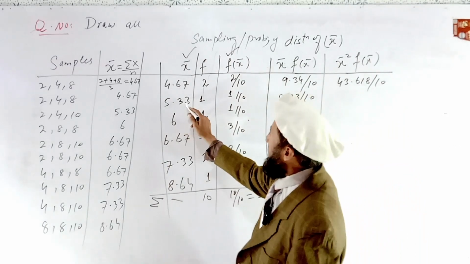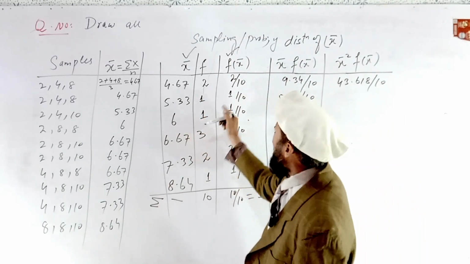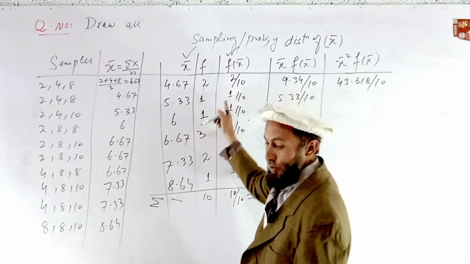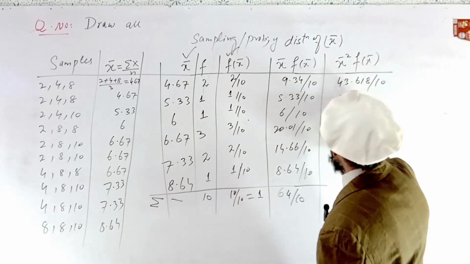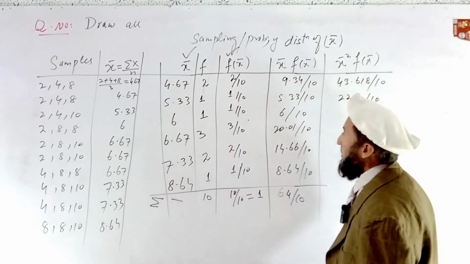Similarly, 5.33 if we square this number and multiply by 1, we will get the answer 28.410.